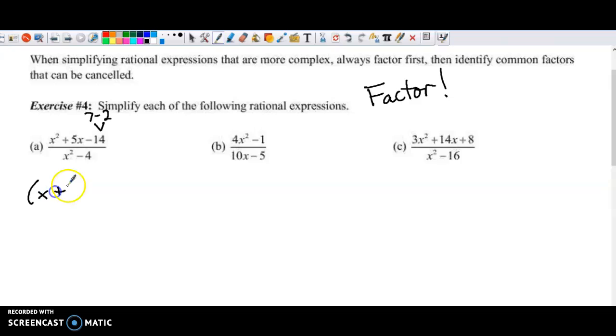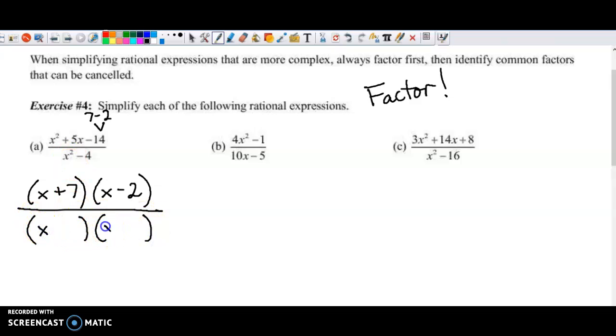So that would be x plus 7, x minus 2. And on bottom, we have another difference of squares. x times x is x squared. 2 times 2 is 4. To make a negative 4, make 1 plus, make 1 minus. And the identical terms cancel, and what's not identical is your final answer.